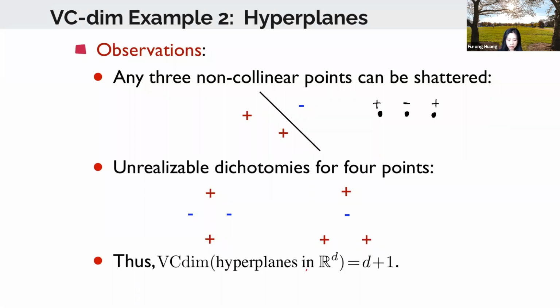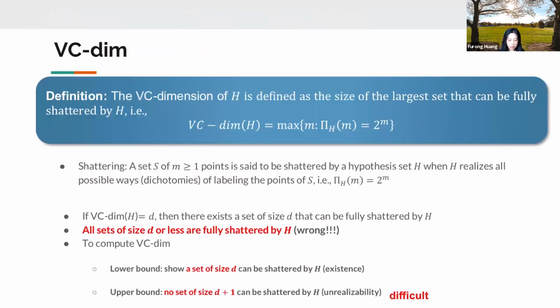But does this mean that my VC dimension is smaller than 3? Well, I'm looking at the 2-dimensional space here, right? So that's apparently not true. That's what I meant on the first slide, that saying all sets of size D or less are fully shattered by H is wrong.